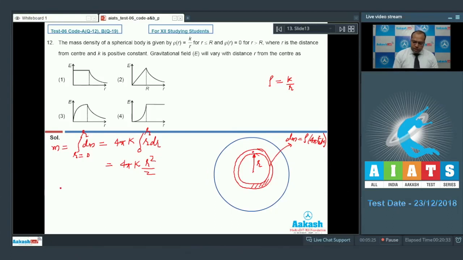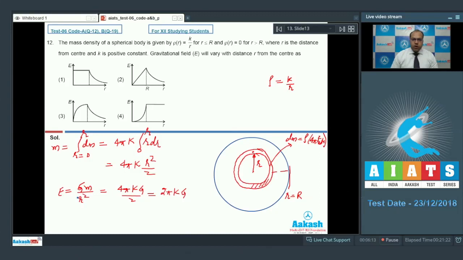Then the gravitational field at this point is equal to G into m by r square, because the gravitational field due to outer shells is 0 at the inside point. So if I substitute the value of m, it comes out to be 4 pi kG by 2, or 2 pi kG, which is constant. So up to capital R, the gravitational field value is constant.